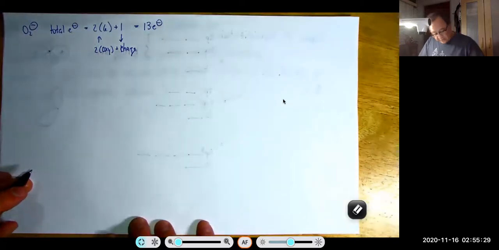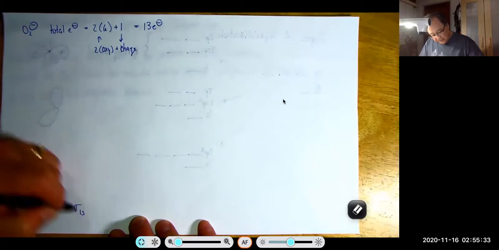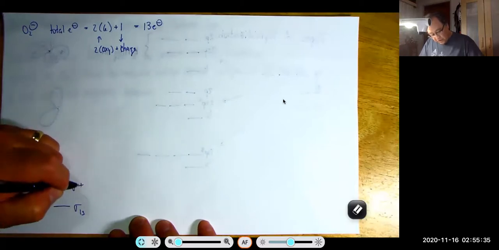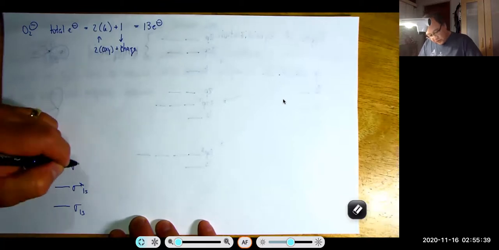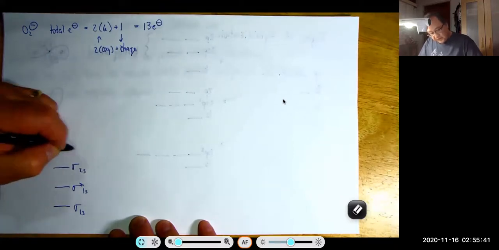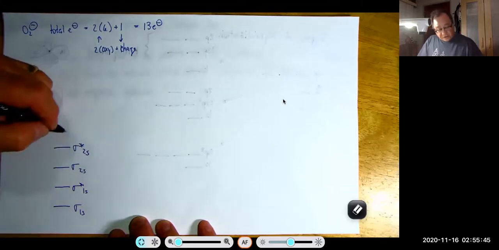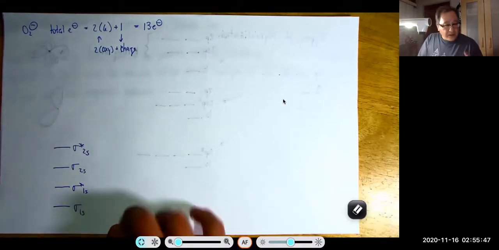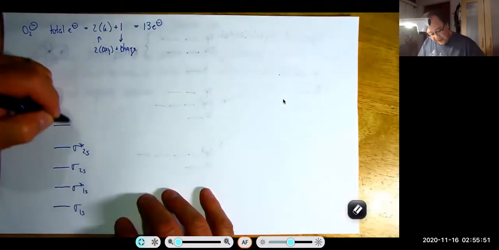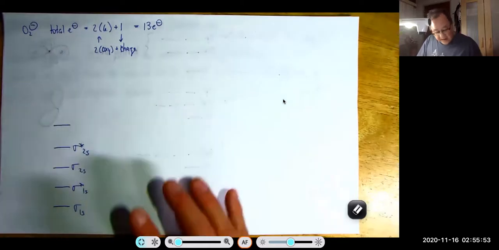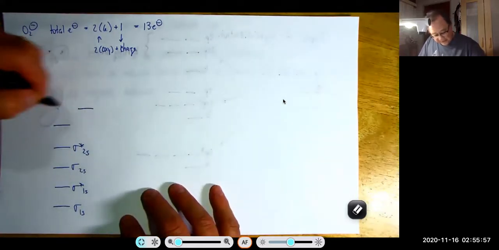When I draw the MO diagram, I have a sigma 1s on the bottom, sigma star 1s above that, sigma 2s, sigma star 2s. And then for oxygen, remember O2, F2, and neon, we're going to do this. And the rest of these are going to be p electrons, I'm sorry, but it goes like this.